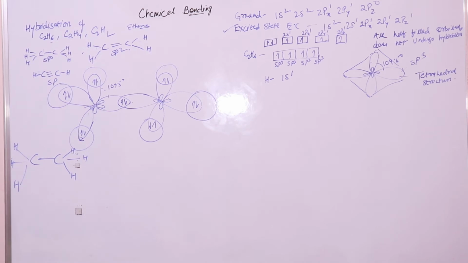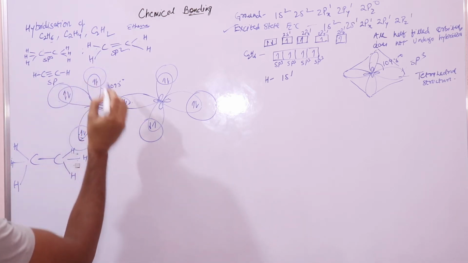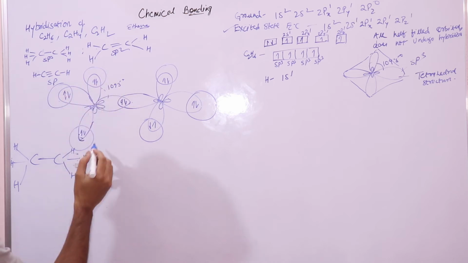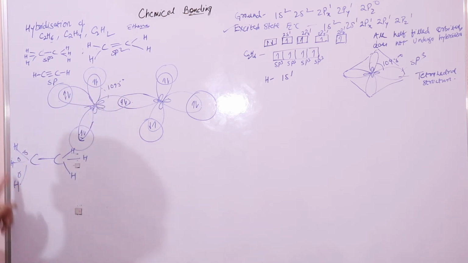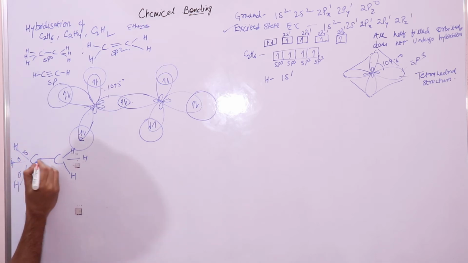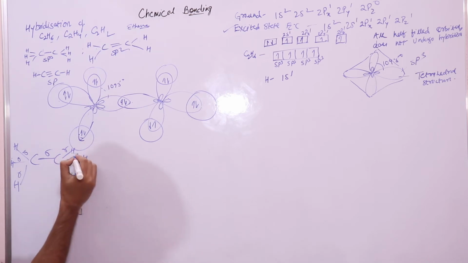And you have how many sigma bonds? 1, 2, 3, right. 3 sigma bonds. These are sigma bonds. 3 sigma bonds with hydrogen atom, and 1 sigma bond between carbon, and on the other carbon atom you have 3 more sigma bonds, right.